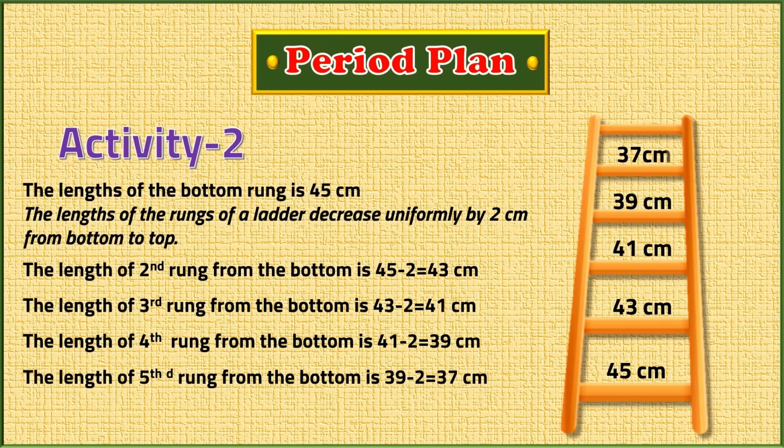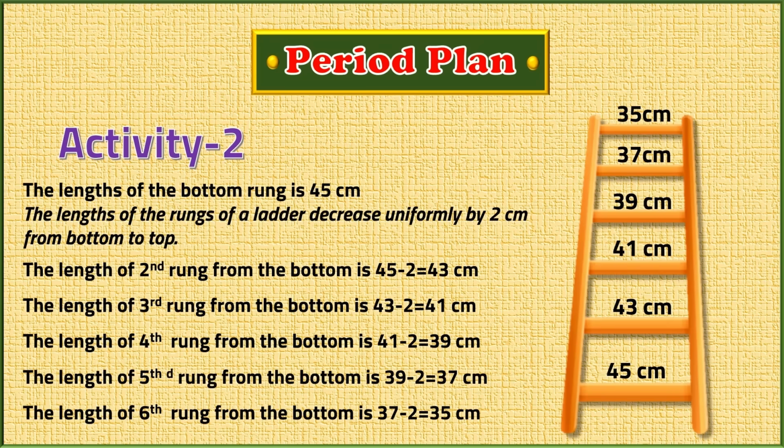And finally, what is the length of the sixth rung? 35 centimeters. So the lengths of the rungs from bottom to top are 45, 43, 41, 39, 37 and 35 centimeters. Students actively participate in this activity as a whole or group, and they will obtain a beautiful pattern.